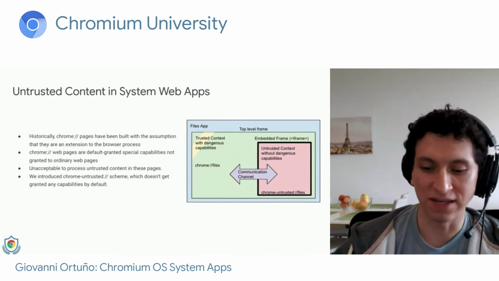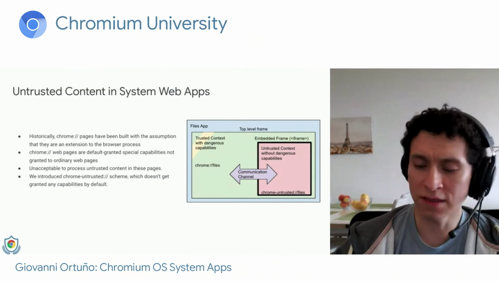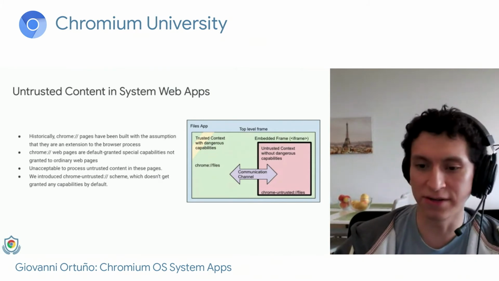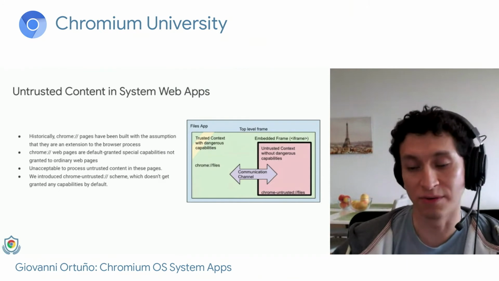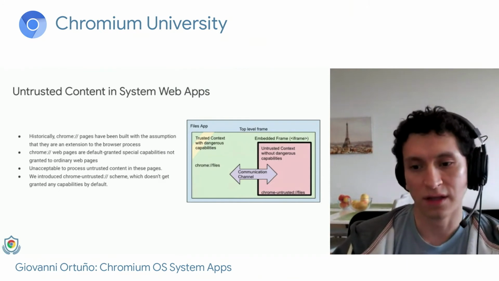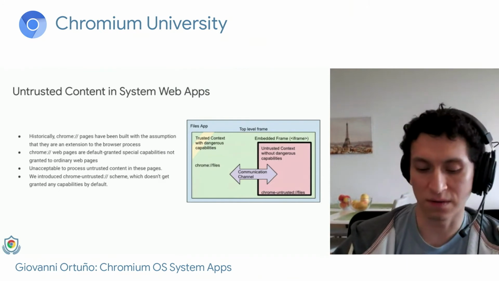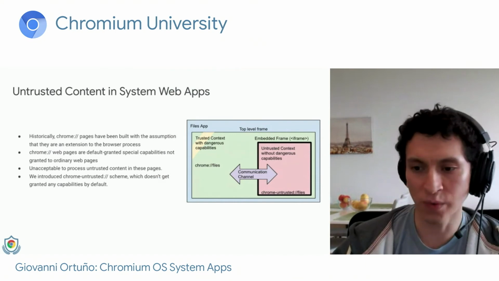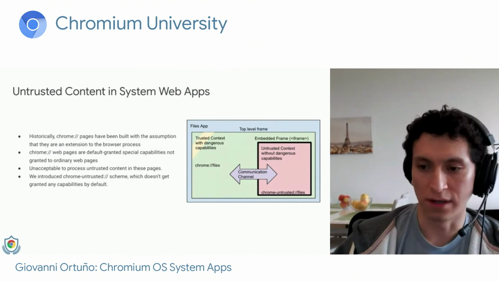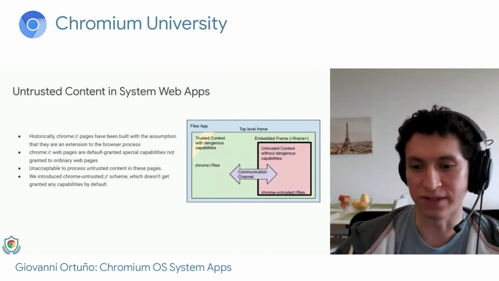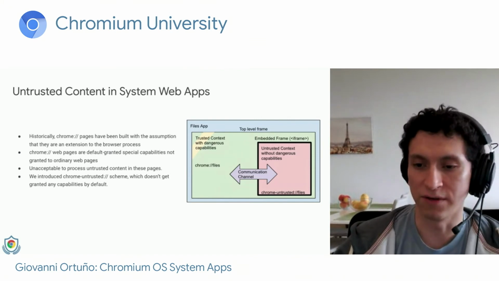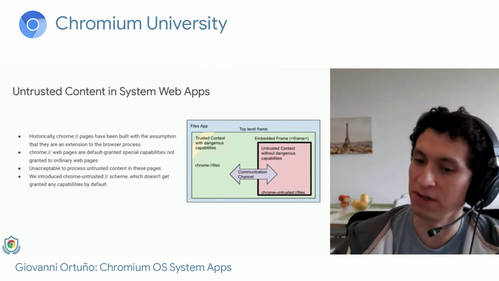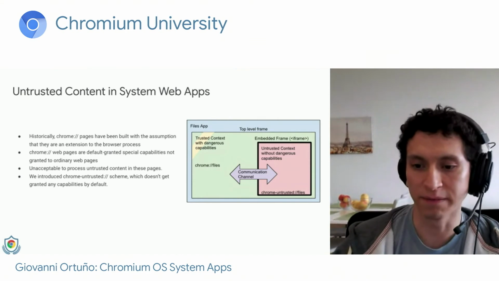It doesn't mean that the page is dangerous or that the user might get compromised or anything. It's just a signal to us Chromium developers that we have to be careful with that page. That's why we hide the Chrome Untrusted scheme from a lot of UI surfaces, because it doesn't make sense for the user. It's more of a developer thing.